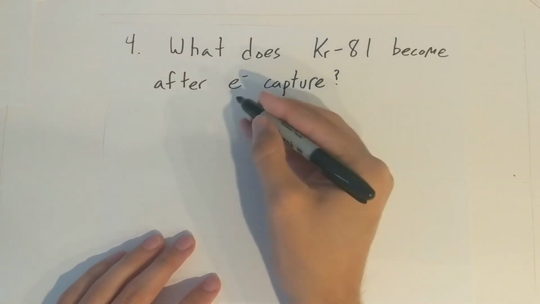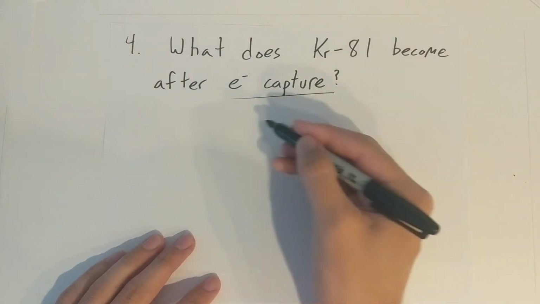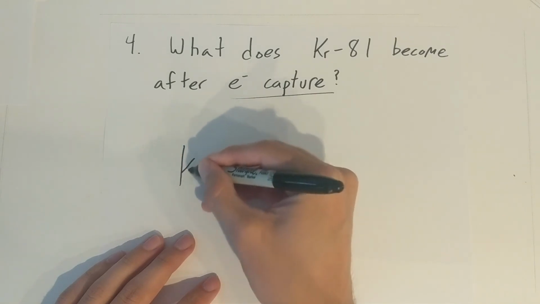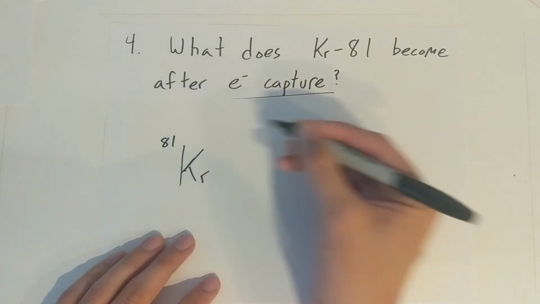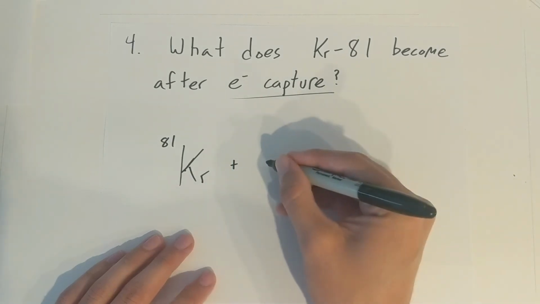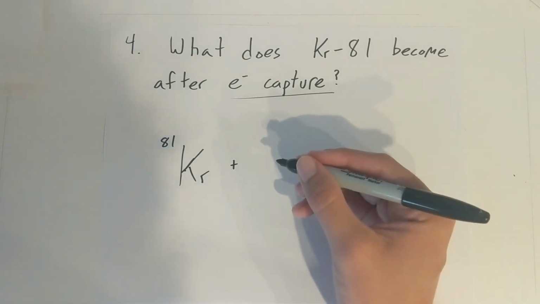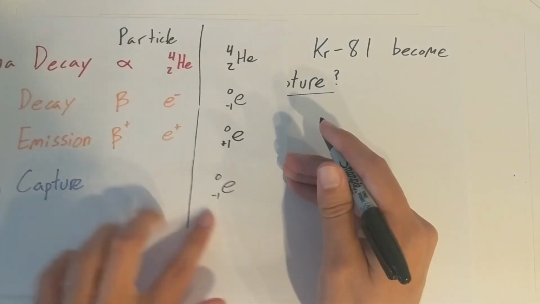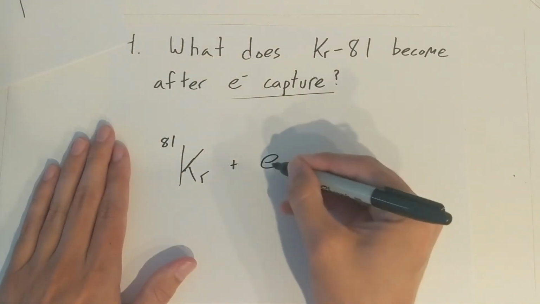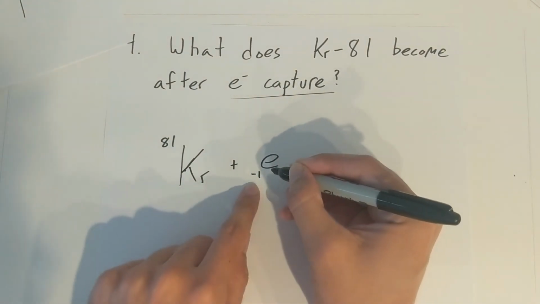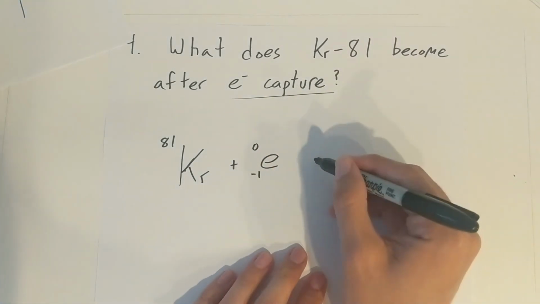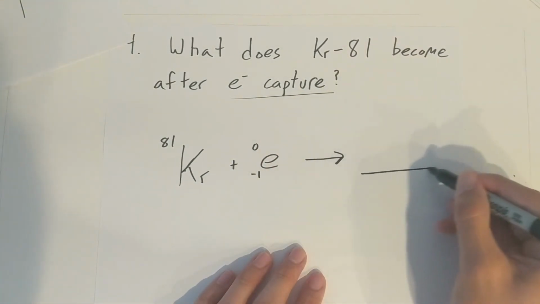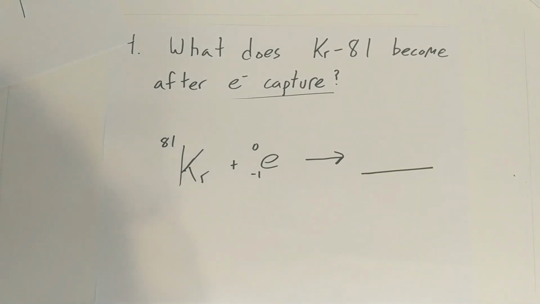So for this one, when we see electron capture, we're going to have krypton 81 and remember, we can write electron capture like this because it's just like it's capturing an electron, which is decreasing our atomic number and keeping our mass number the same. And it's becoming something else.